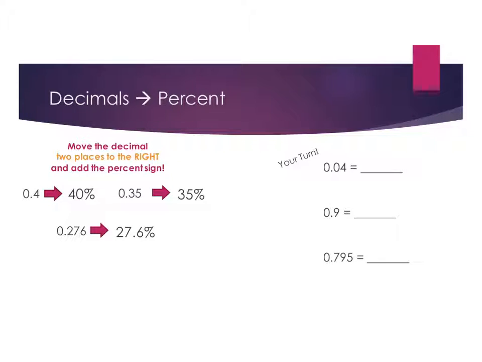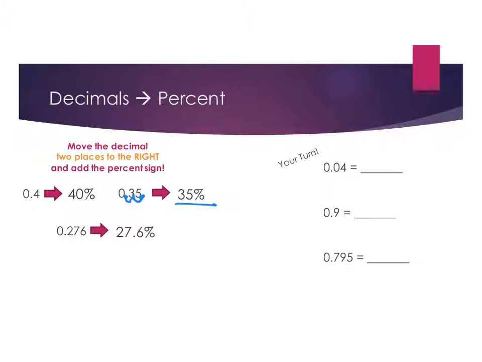All right, to change a decimal into a percent, we actually just saw how we did that a second ago in a previous slide. So just to recap, we just move the decimal 2 places to the right. So 0.4, we move the decimal over 2 times, it becomes 40, and we add the percent sign, so it'll be 40%. In 0.35, the decimal's right here, move it over 1, 2, and it becomes 35 or 35%.